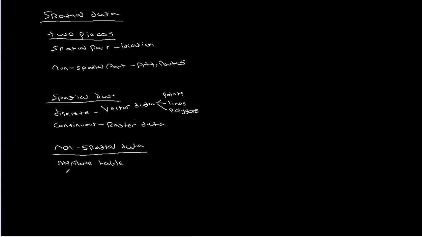And then we're going to talk about categories of non-spatial data. So this is going to be what different types of numbers there are, right? In other words, it's going to be called types of data.